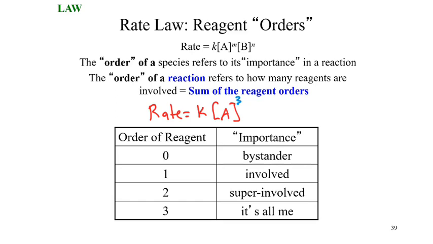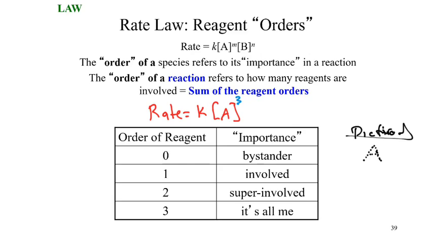Because roughly what these things are saying is that if we look at a picture of what's happening, pictorially, in a bystander, we don't see A at all. So A is effectively a ghost. It's not involved in the rate for our reaction.